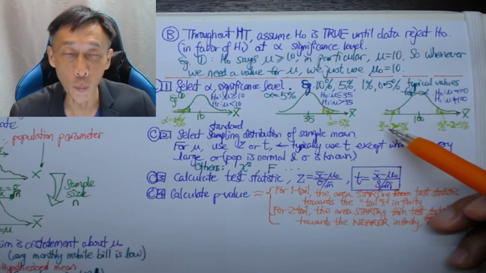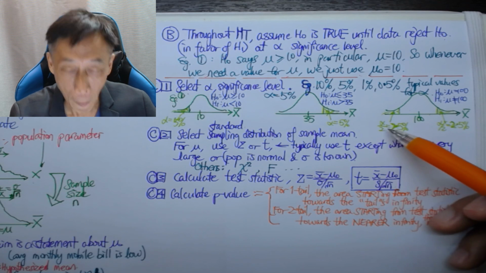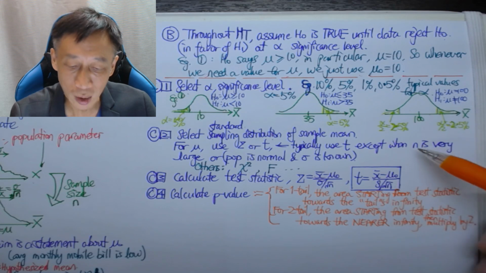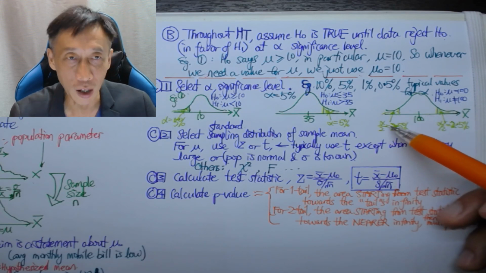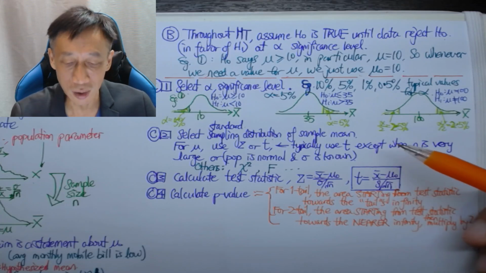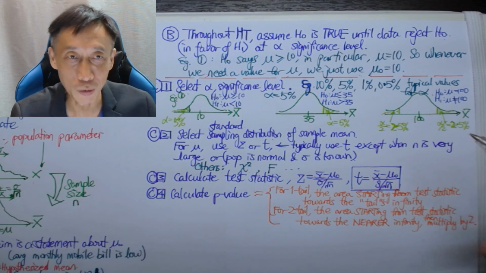So the end goal for the published p-value is to compare with alpha, for the reader or for yourself. You don't want to compare the half p-value with half alpha whenever it's a two-tail test. Quite tedious. Oh, is it one tail or two tail? Oh, it's two tail, so I better halve alpha.